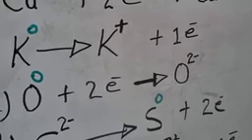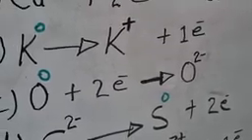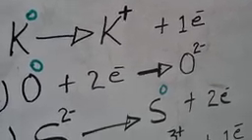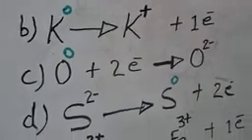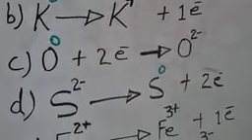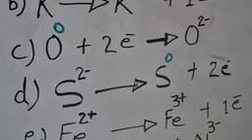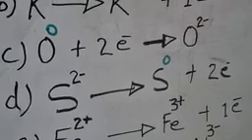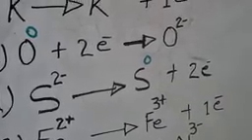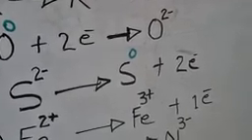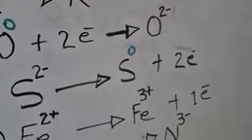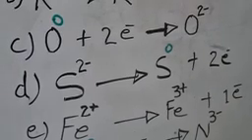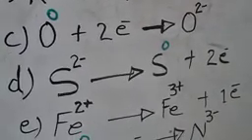That means oxidation number increased from 0 to +1. Therefore, it is an oxidation reaction, because an increase in oxidation number is an oxidation reaction. C, oxygen from 0 oxidation state, added by 2 electrons, becomes oxide ion in the product. That is O2-, which means addition of electrons is a reduction reaction for the case of C.